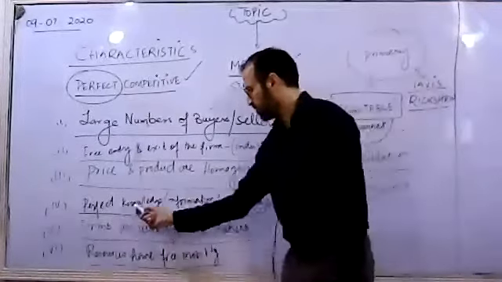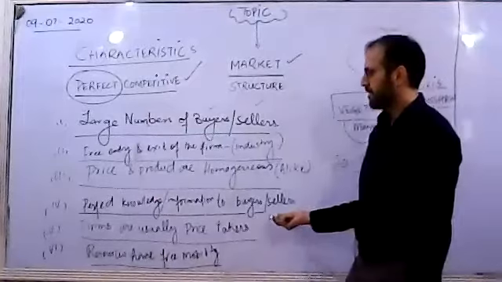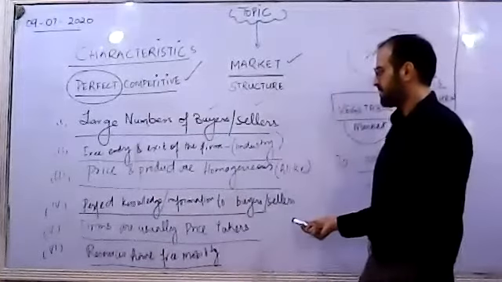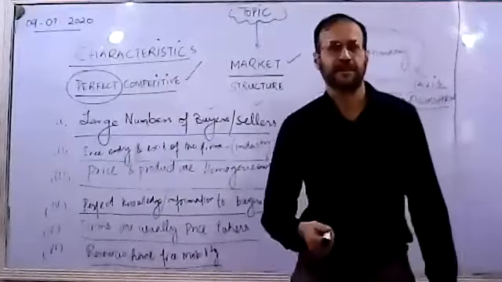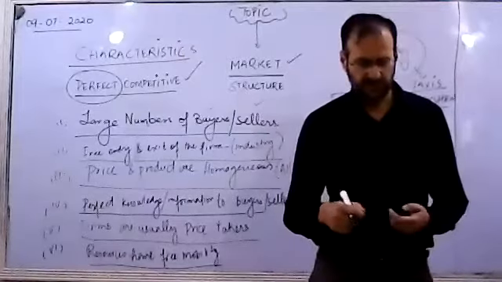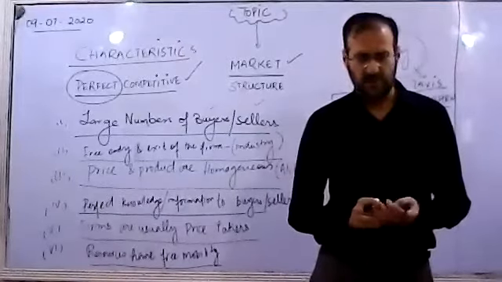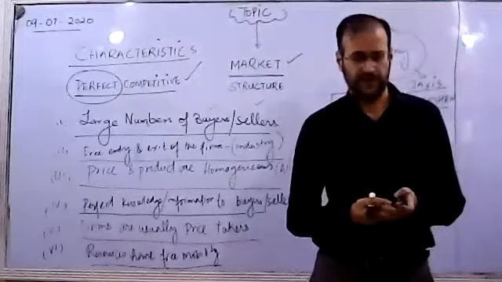Everybody has perfect knowledge or information about market conditions. Firms are usually price takers. Resources are freely mobile.